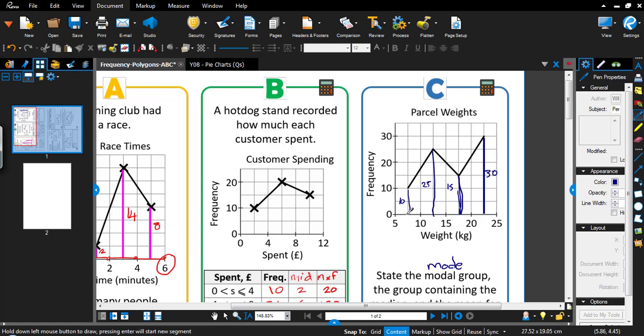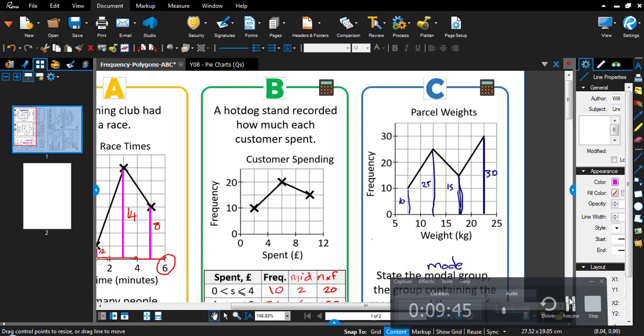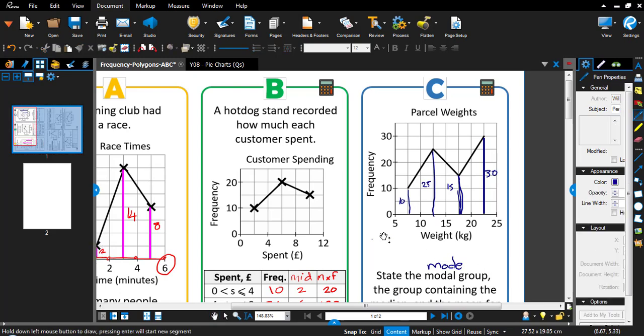So the middle one will be 40, or will it be 41? So we have 80, n equals 80.